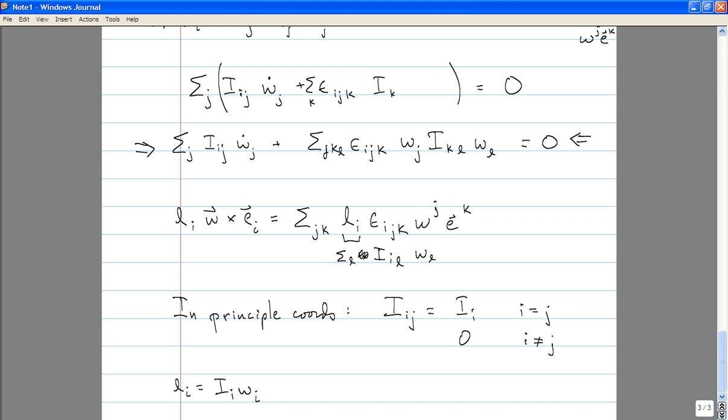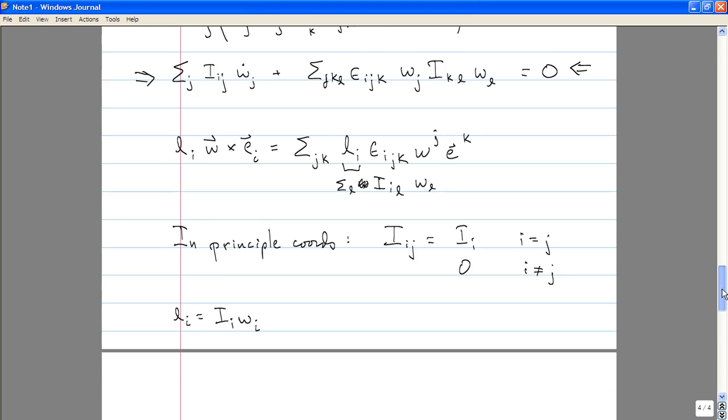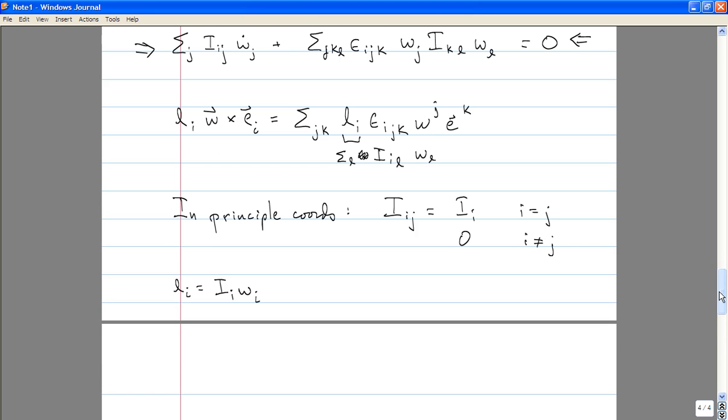So that makes life much easier. The statement that L dot is equal to 0 is the statement that Li dot plus epsilon ijk omega j Lk is equal to 0, summed over j and k.